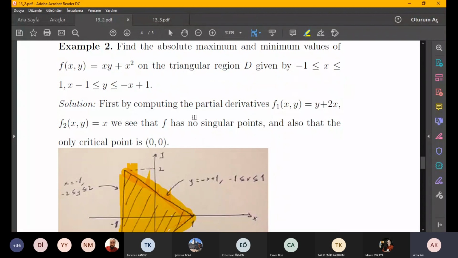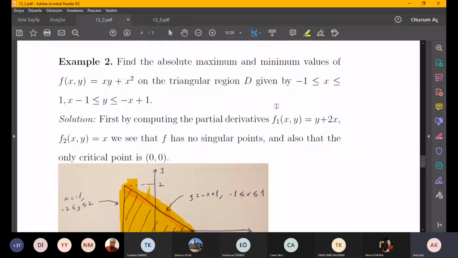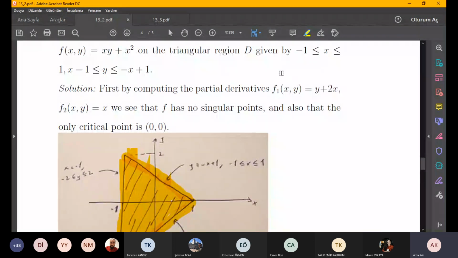And first, we will start by computing the first partial derivatives to find out the critical and singular points. So we will find f1(x,y) and f2(x,y). f1(x,y) is y plus 2x, and f2(x,y) is x plus 0, which will be x. And then we will see where the gradient is 0.